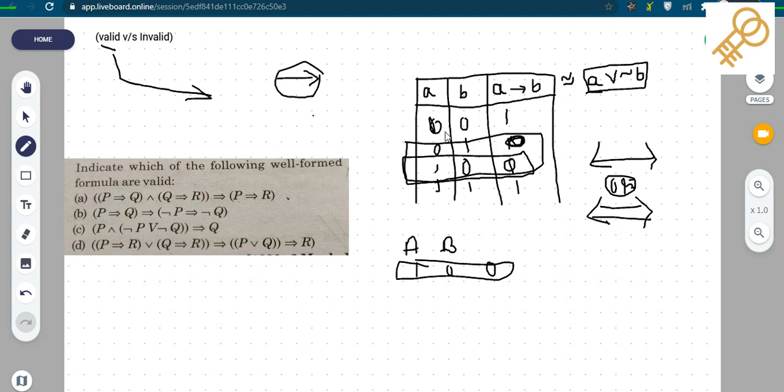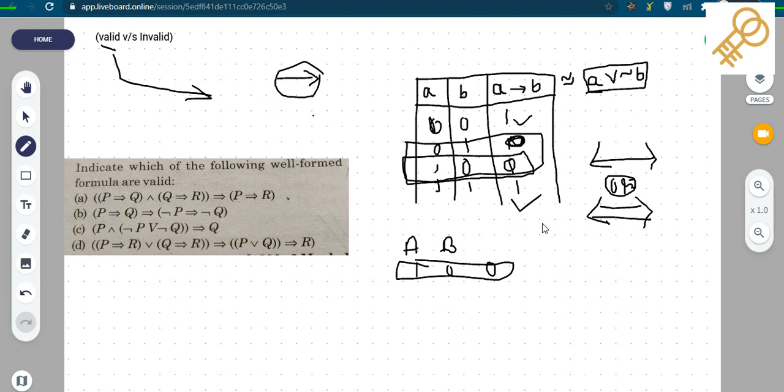You can see here, whenever 0 0 is there, we get one true value, and whenever A and B are both true, in that case also we get one. So in two cases only we get the false value: whenever A and B have different values.